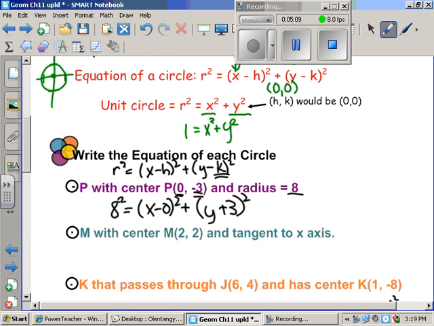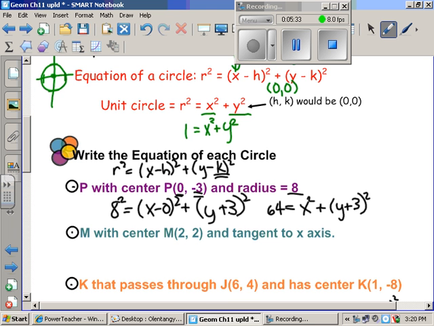If I clean that up, 8 squared is 64, x minus 0 is just x, so it's x squared, and y plus 3 squared can't change. So that's the equation of a circle.